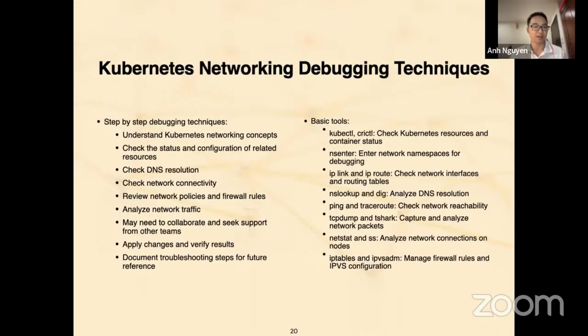They are kubectl, crictl, nsenter to enter network namespace, ip link and ip route to check network interface and routing table, nslookup and dig to analyze DNS resolution, ping and traceroute to check network reachability, tcpdump and tshark to capture and analyze network packets, netstat and ss to analyze network connections on node, iptables and ipvsadm to manage firewall rules and IPVS configuration.